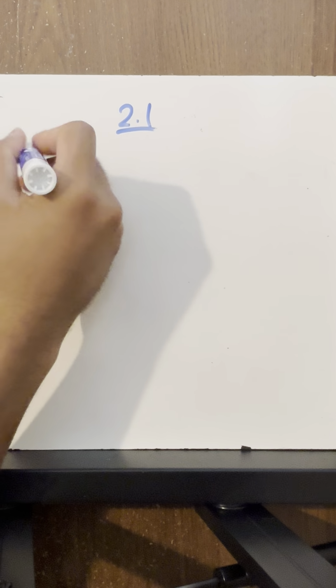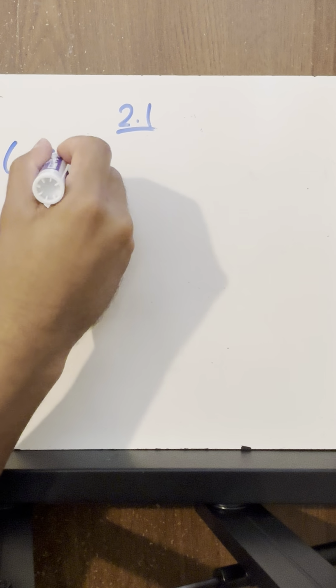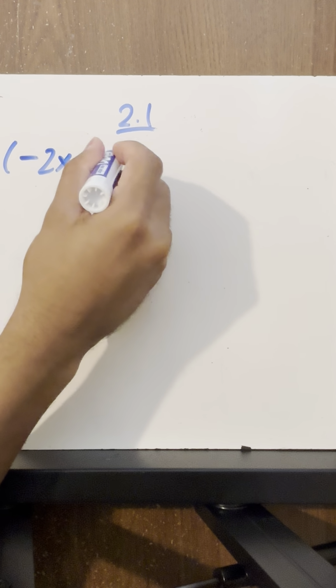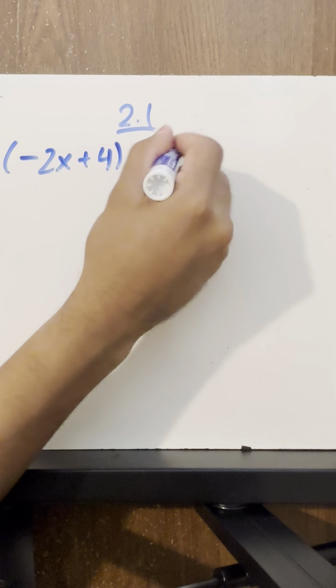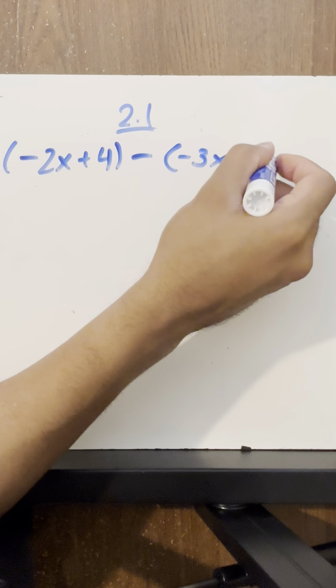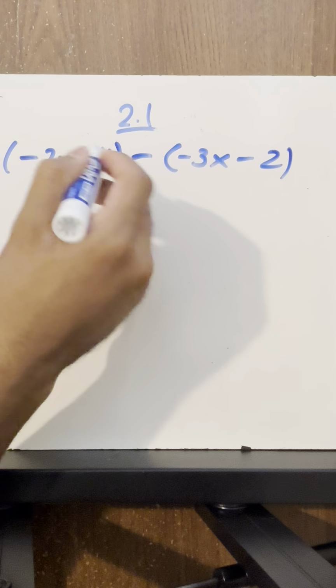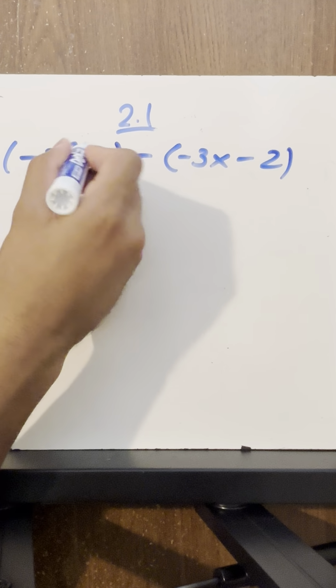So let's say that we had negative 2x plus 4 minus negative 3x minus 2. And just to make this a little bit different, I'm going to add a square sign right there.